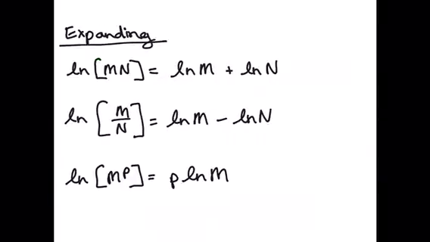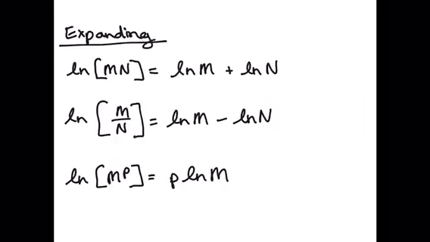Okay, for the examples that follow, we're going to need to remember the properties for expanding logs. They will make taking the derivatives much easier. Without expansion, they would be very difficult chain rule problems. But by expanding, we can simplify how we take the derivative greatly. So the first rule for expansion is the product rule.